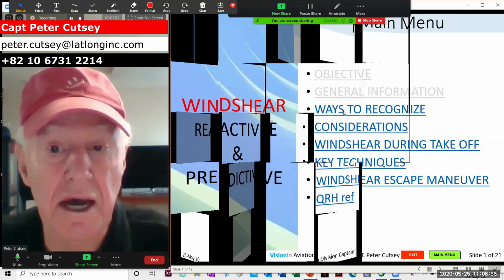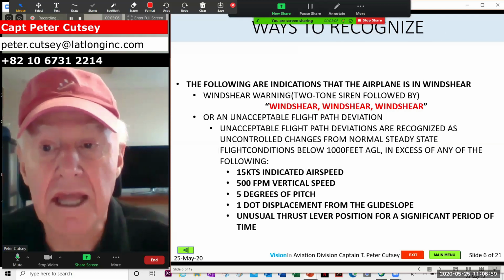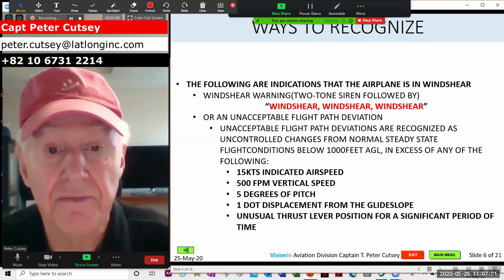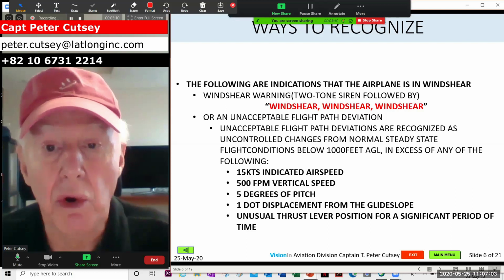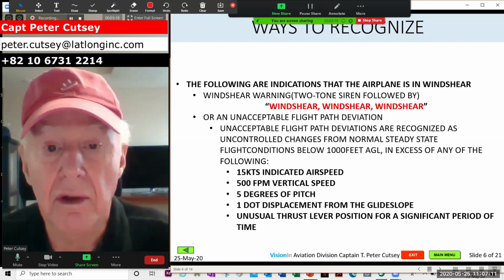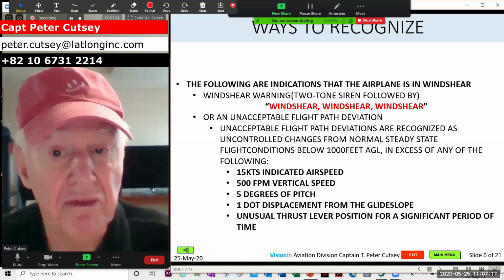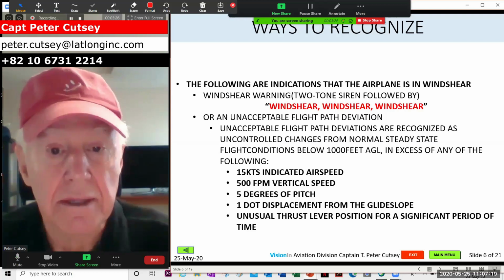Ways to recognize: the following are indications that the airplane is in wind shear. Wind shear warning, a two-tone siren followed by "wind shear, wind shear, wind shear," and also an indication on the PFD, or an unacceptable flight path deviation.